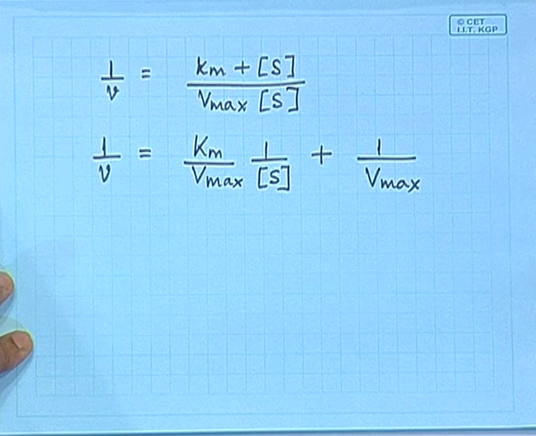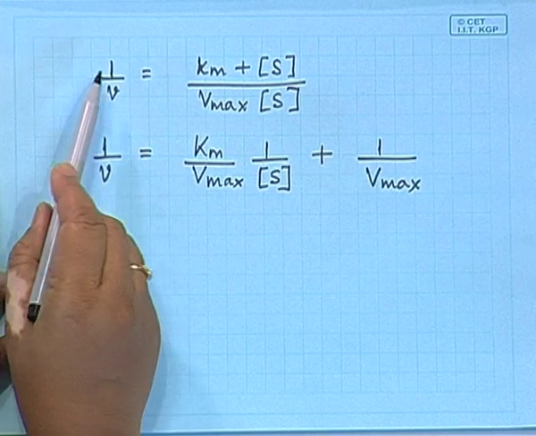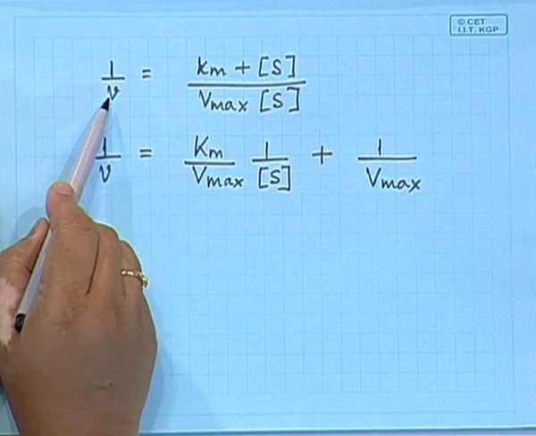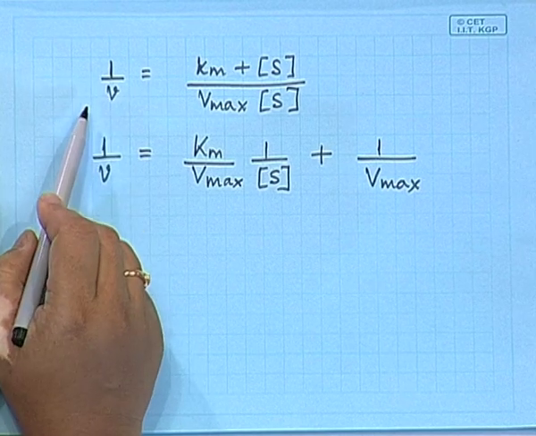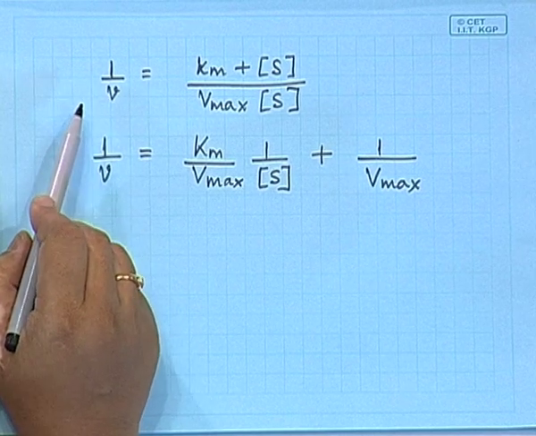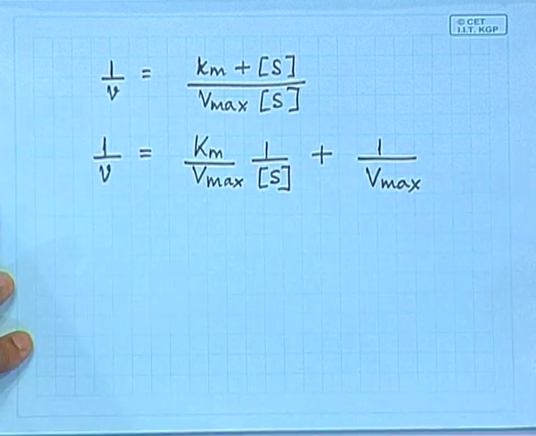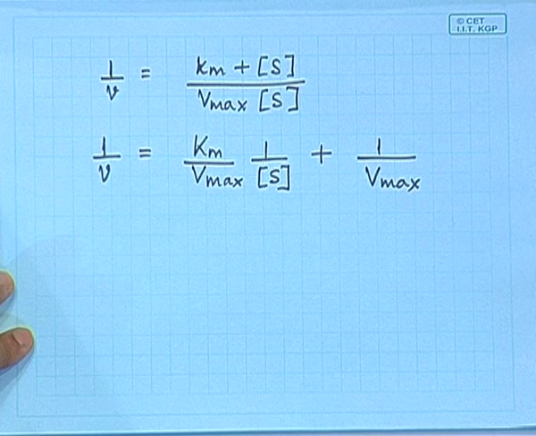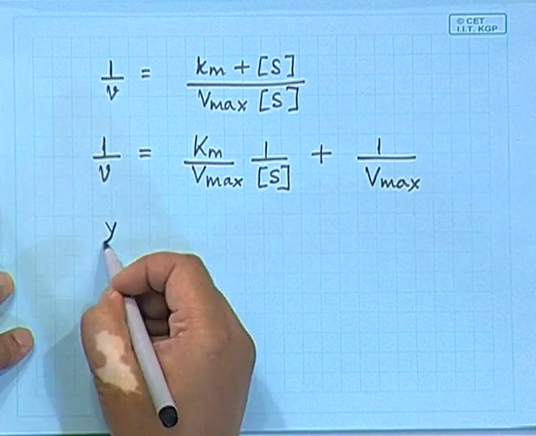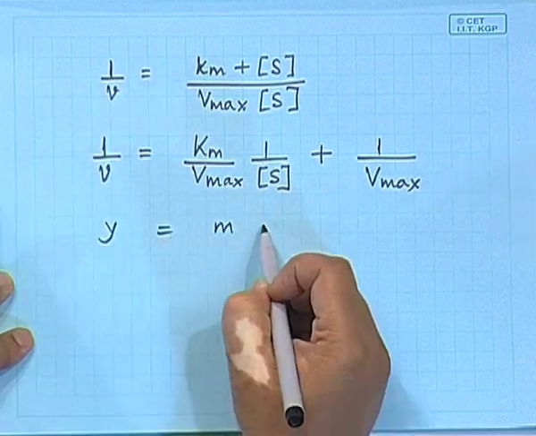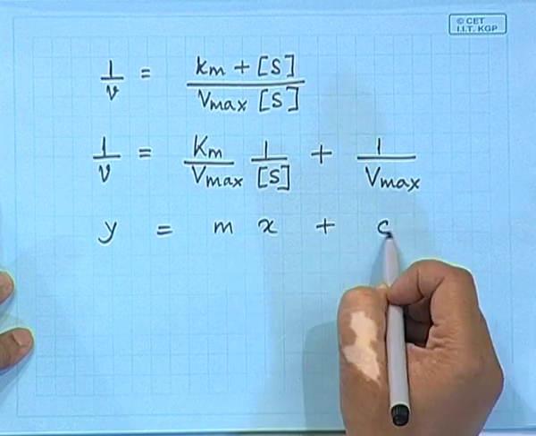That is what I get. I have just inverted the Michaelis Menten expression, and I work out an expression where I have the form of y is equal to m x plus c.